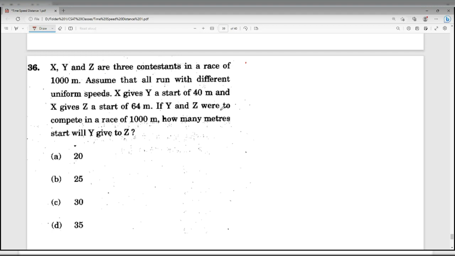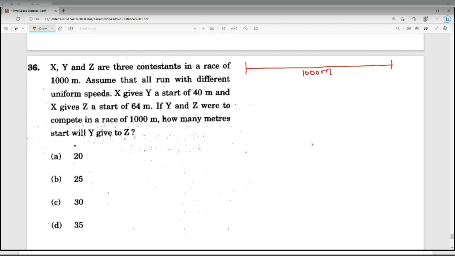If Y and Z were to compete in a race of 1000 meters, how many meters start will Y give to Z? So first, the difficulty is to understand what is the start of 40 meters. They are saying that there is this 1000 meters race. The distance between these 2 points is 1000 meters.